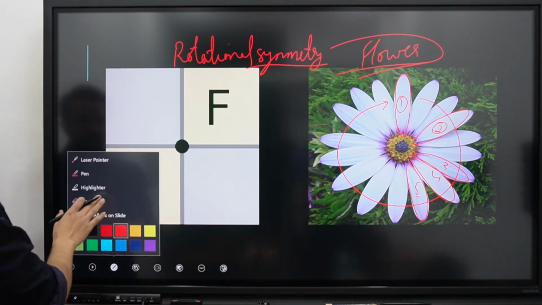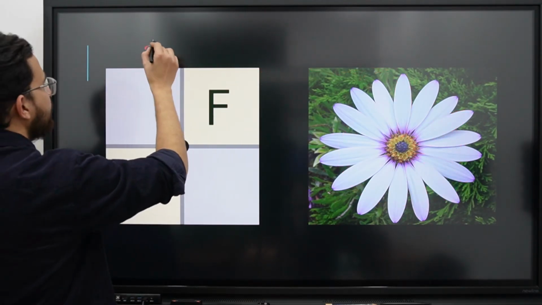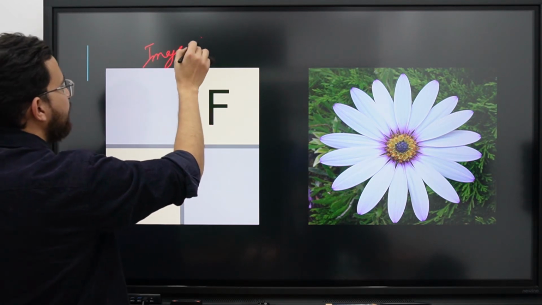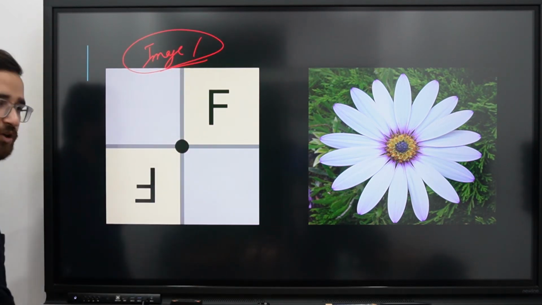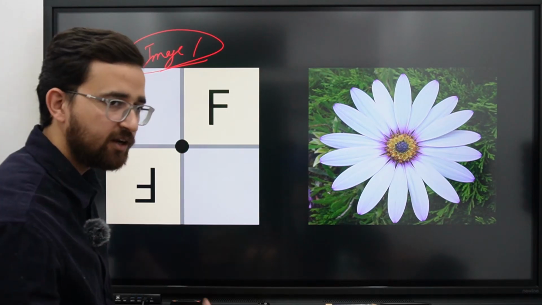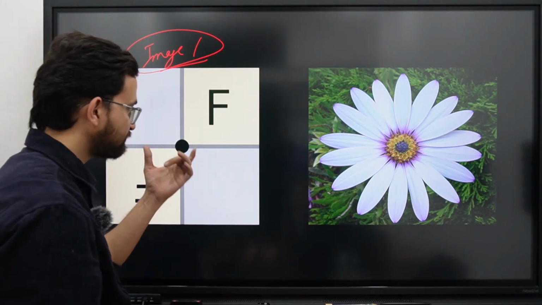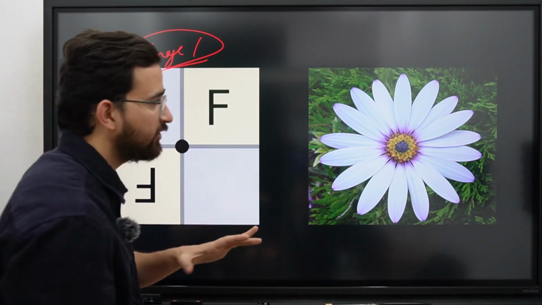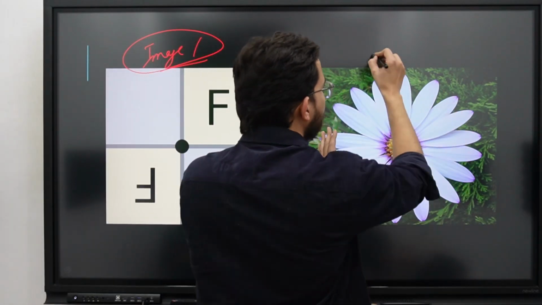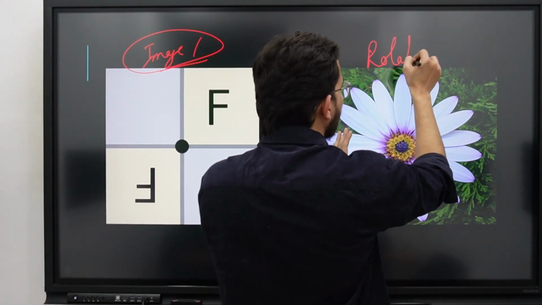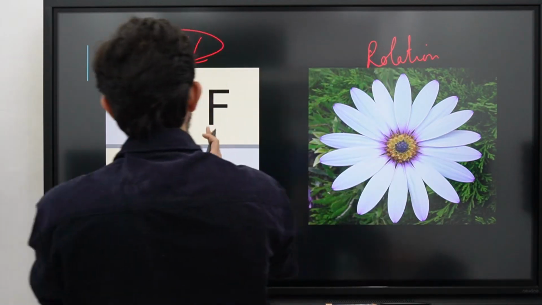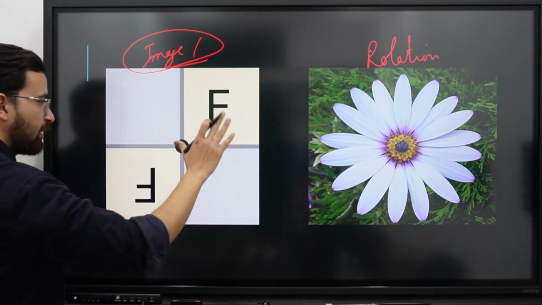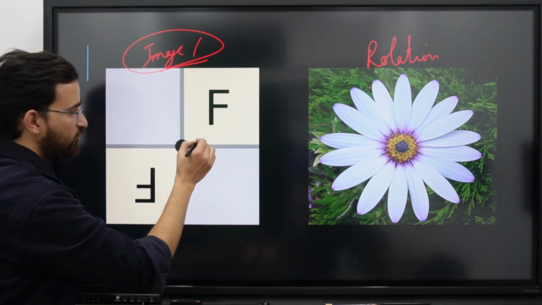Now let us look at this image. Can you figure out any kind of symmetry in this image? Now it is a tough one to define what kind of symmetry. For example, in the flower we knew some kind of rotation is going on. What is that rotation here?